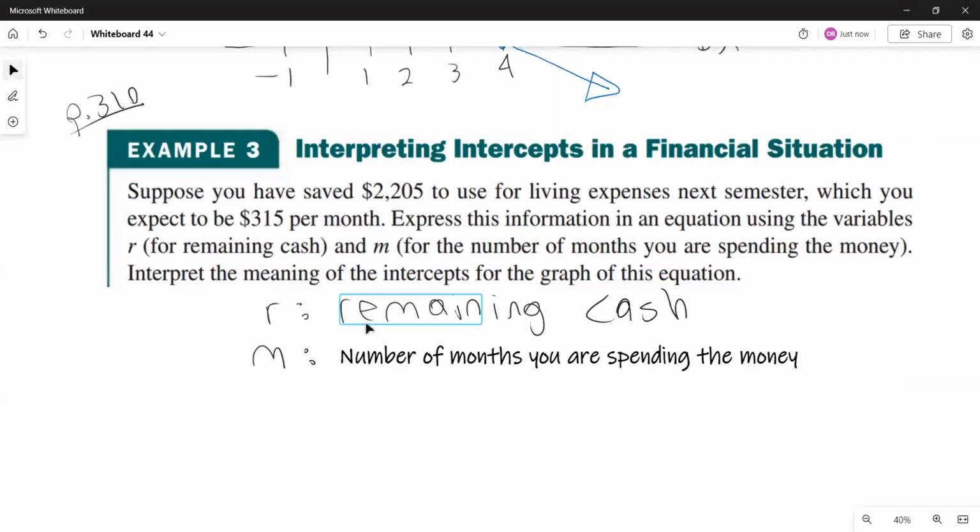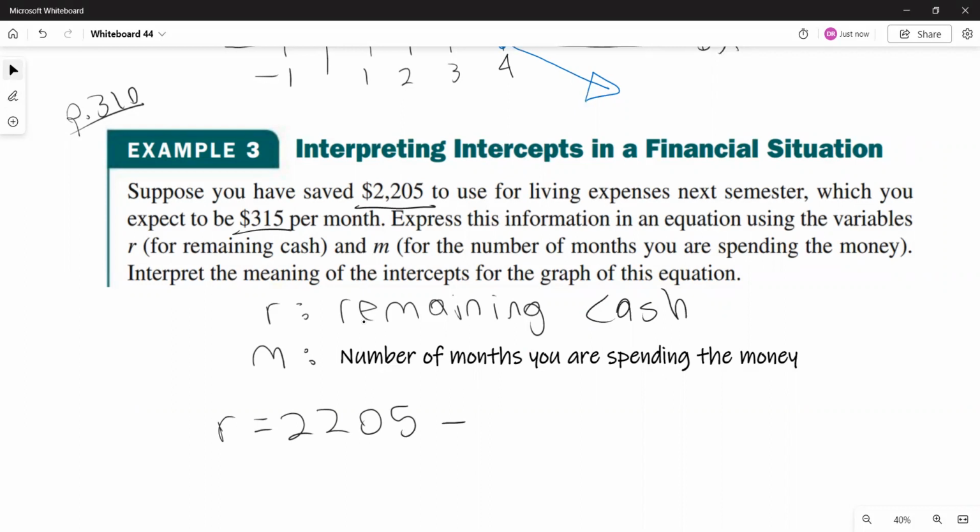Okay, so if you start with 2,205 and spend 315 per month, R is going to be the $2,205 that you start with, and every month you are spending 315.